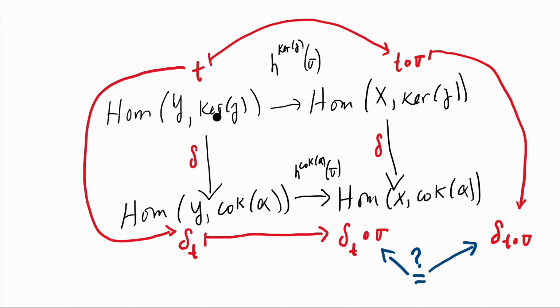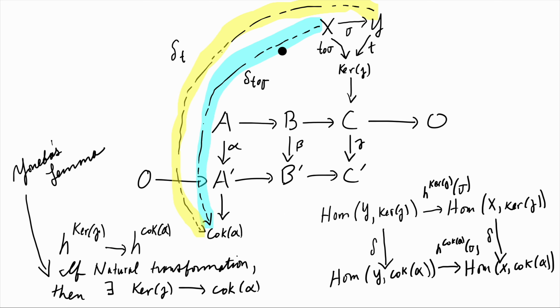Okay, so morphisms from Y to the kernel of gamma. We're going to take some element T in there. So kind of this diagram right here, T, and then T of sigma and the sigma.